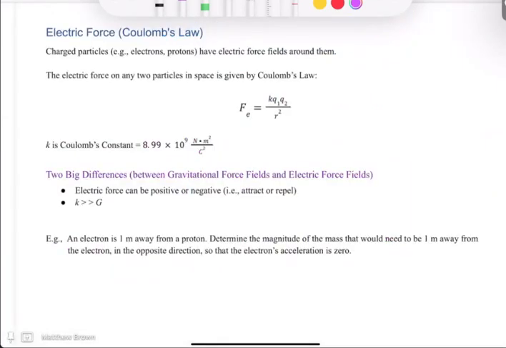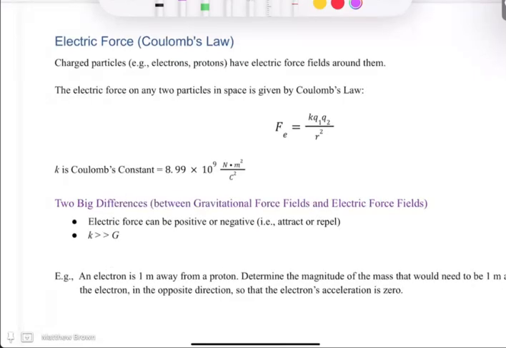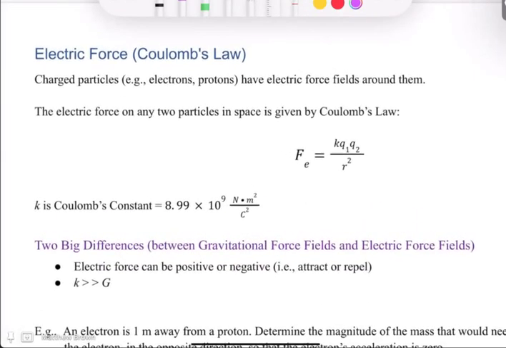Electric force, Coulomb's law. Okay. Well, let me just read it because I made this a week ago and barely remember what I wrote. Charged particles, electrons, protons, have electric force fields around them. So basically what I'm trying to say there is, if you look at gravity fields the way we just did, every point in space around a massive object, or technically any mass, has this force field.